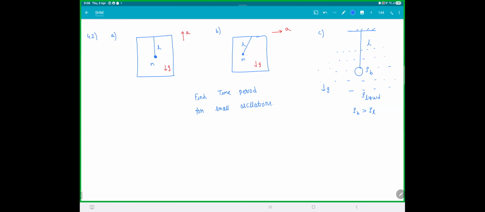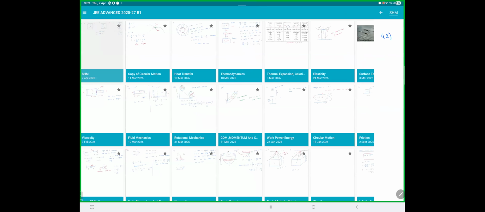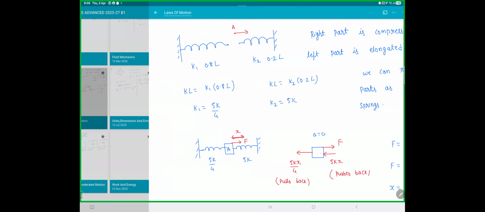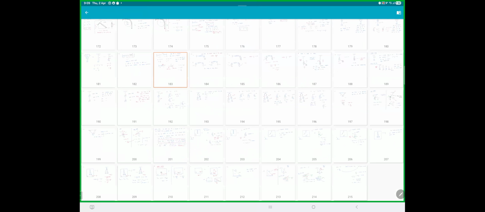Right, Samyak. You guys know where we did this thing? In NLM. Yeah, then G effective. There is a concept of effective gravity. In case you forgot, we have done this in NLM, in pseudo force, I taught you this. Effective gravity. So if the box is going up, you can assume as if the gravity is G plus A. If the box is going horizontally, the person will think G effective is this.